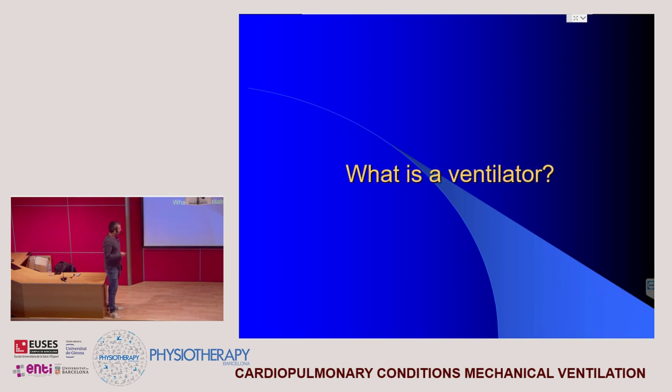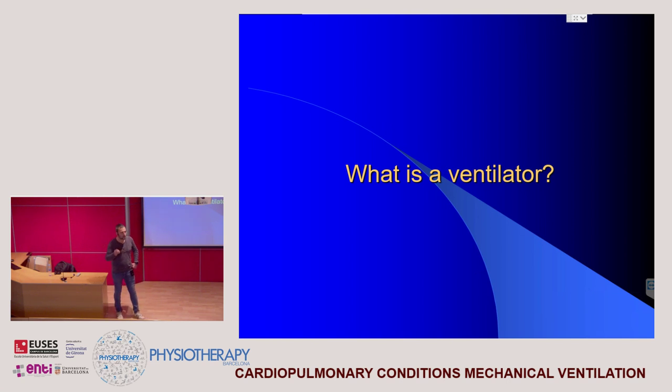So first of all, we have to ask: what is a ventilator, or a ventilation unit? It is a machine that will take air inside the lung. The first thing you have to know is that ventilation units give positive pressure.